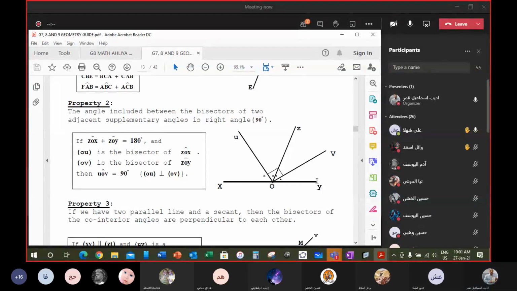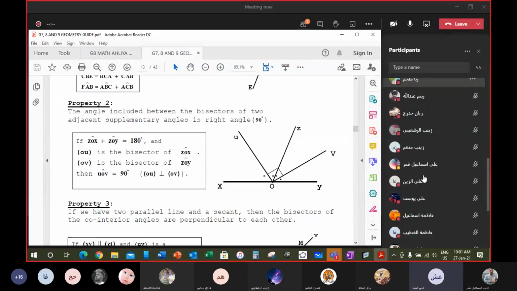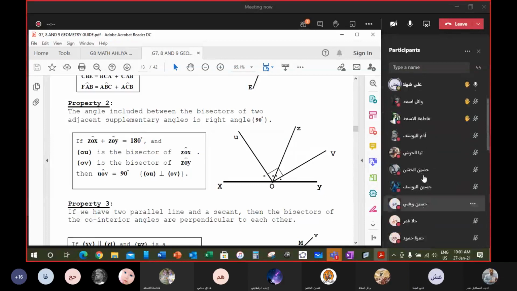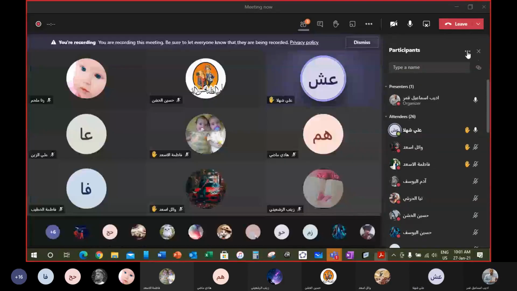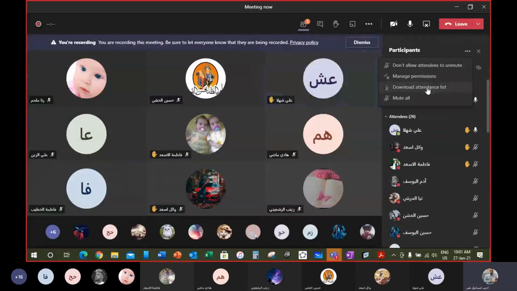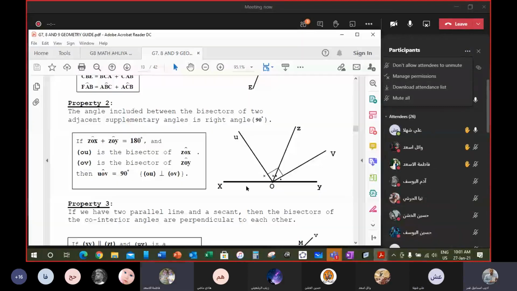Opposite? Adjacent supplementary angles, because their sum equals 180 and they have a common vertex O and a common side OZ.